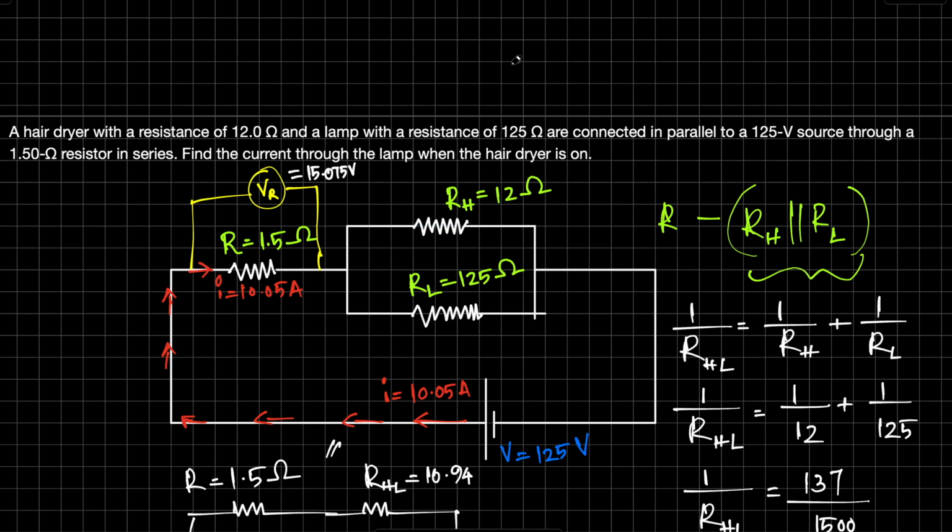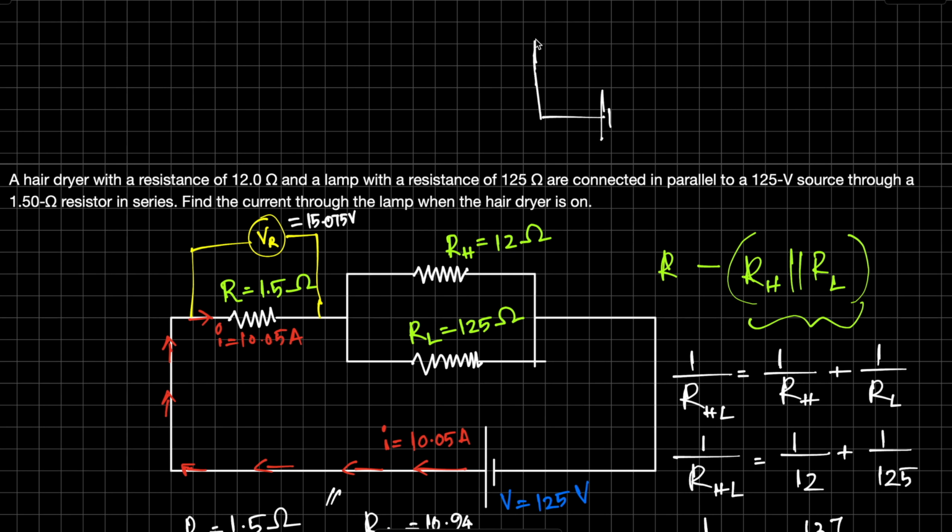I'll draw it here. So we have a battery, resistor R. So this is my loop: battery, resistor R, and RH, back to the battery.